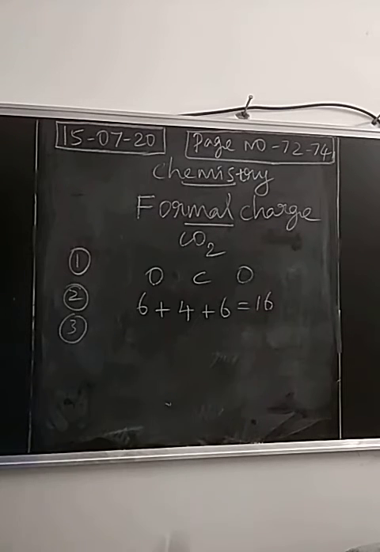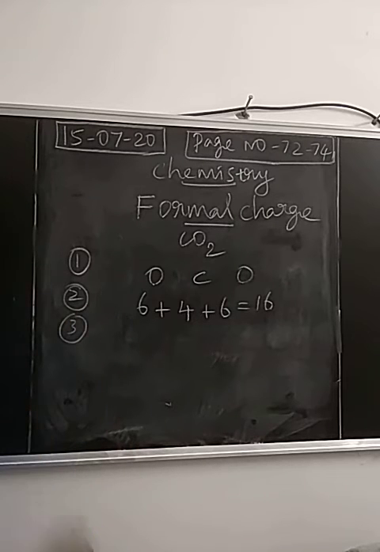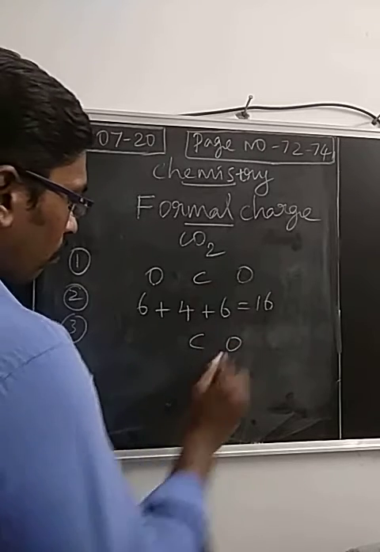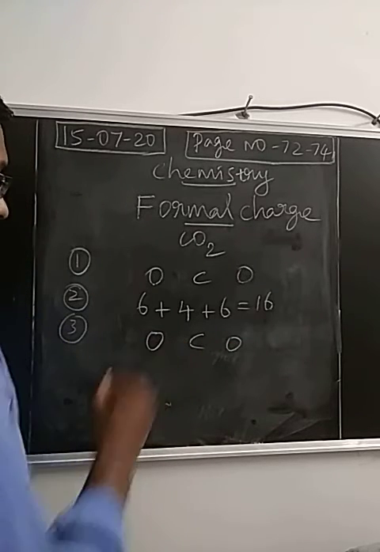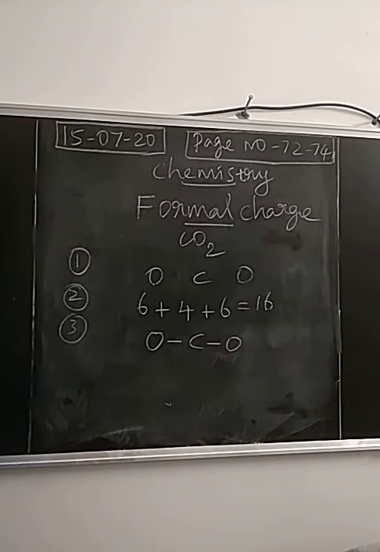the 16 electrons will be placed as covalent bonds, right? So you have to draw the possible covalent bonds between the atoms in the molecule. So how many possibilities are there? Only 2. So 2 covalent bonds can be drawn between the carbon and oxygen atoms.